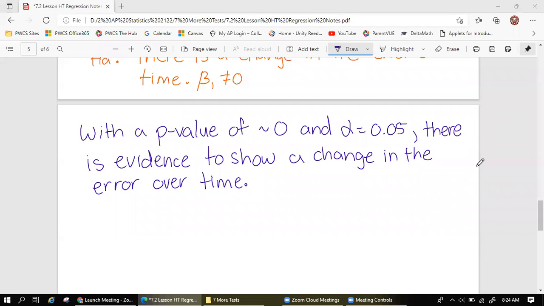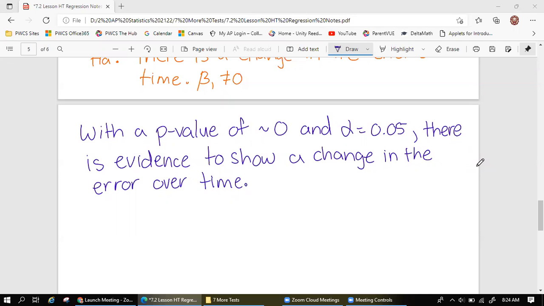So we're going to reject or fail to reject just like we have been. So when the p-value is small, we reject the null. Our p-value is pretty small, significant, almost 0. So I'm going to say with a p-value of approximately 0, we'll use our alpha of 0.05. We do have evidence to show that there is a change in the error over time.